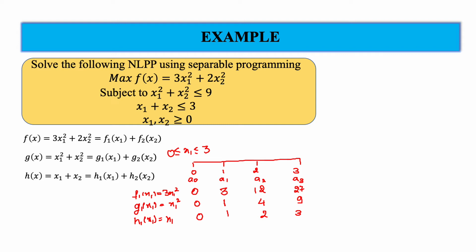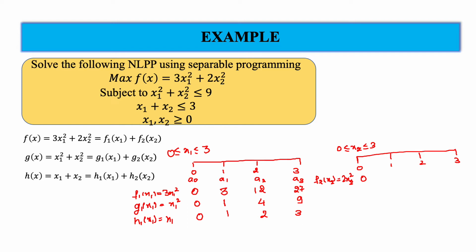Now similarly for x2, which is in between 0 and 3, again we divide our grid points as 0, 1, 2, 3. These are the bounds of x2, the same as x1, divided into 3 intervals. Again we find f2(x2), which equals 2x2 square, which is 0 for 0.